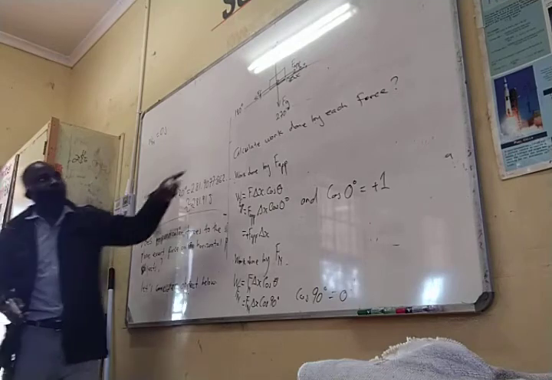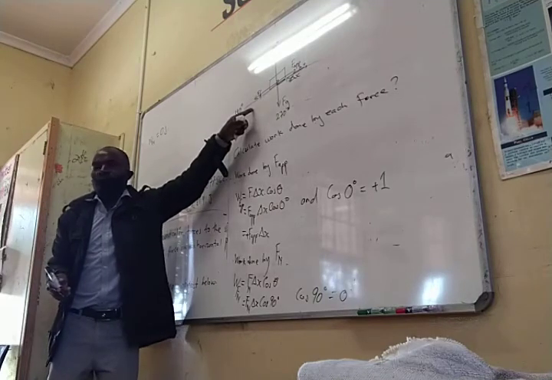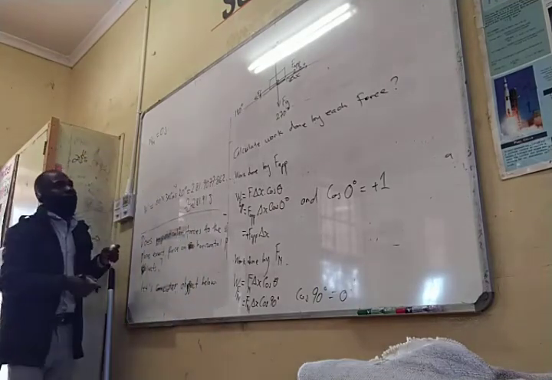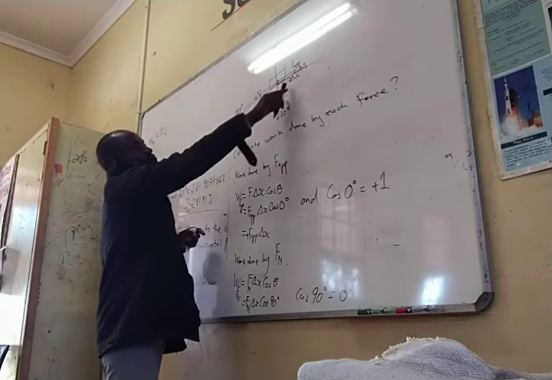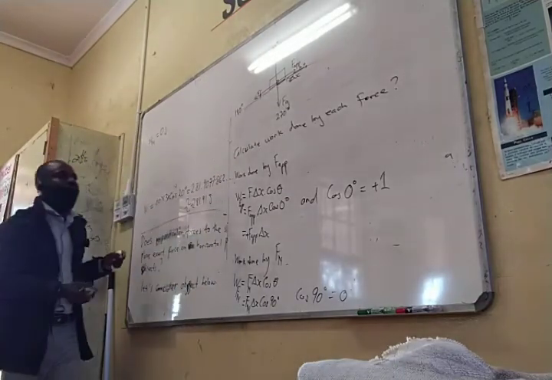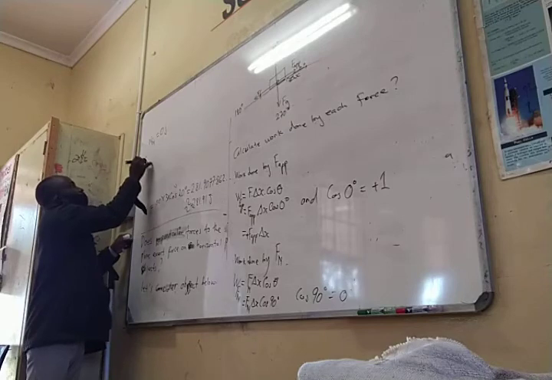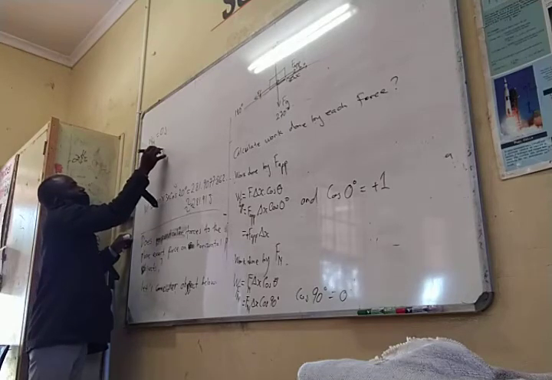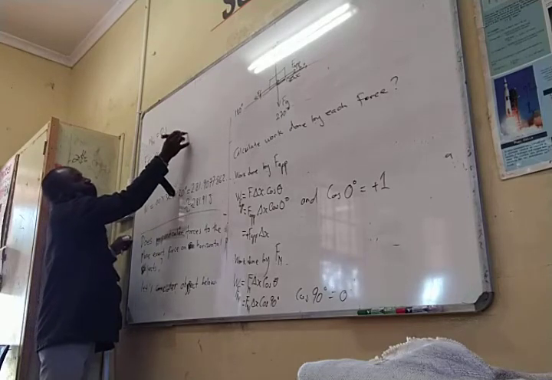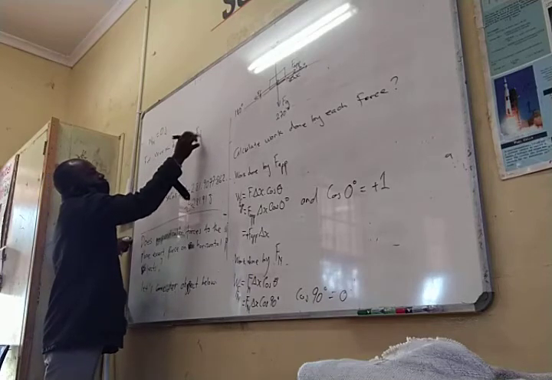So now we have the frictional force here. What is the angle between delta x and the frictional force? This is for the work done by F friction.